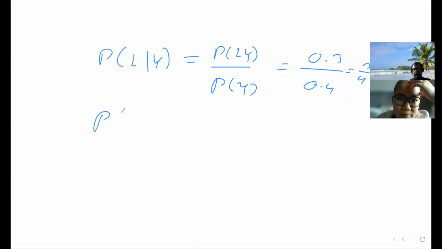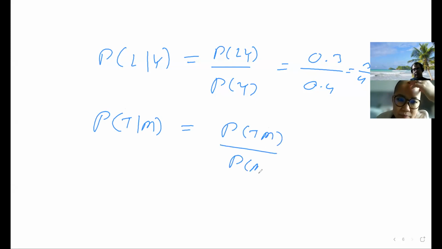See, we have understood that T and M are independent events, right? But in case they are dependent, we know that P(T and M) will be divided by P(M) for a conditional probability.